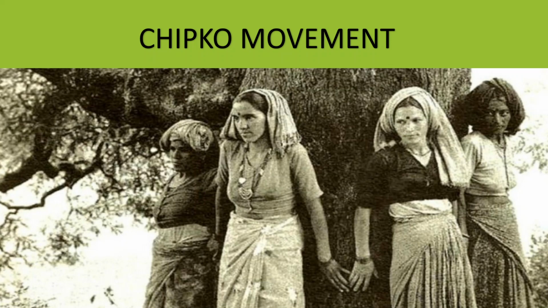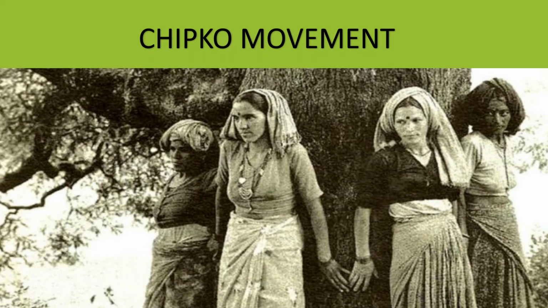This movement is also called Chipko Andolan, and it was done by rural villagers, especially women, in order to protect the trees and the forest. And this movement took place in 1970.